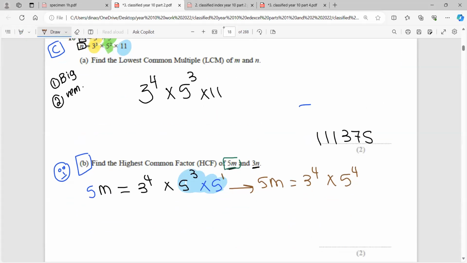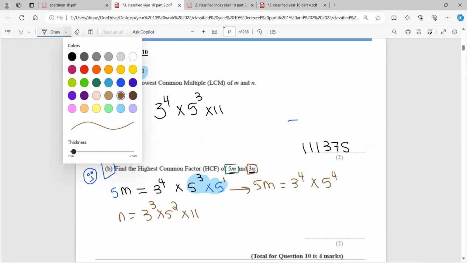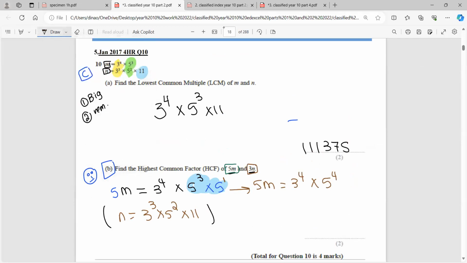Now for n, let me zoom out. The n is the original n in the question: 3 power 3 times 5 squared times 11. Now the question here included a 3, so I multiply by 3. I have to multiply by 3 here.